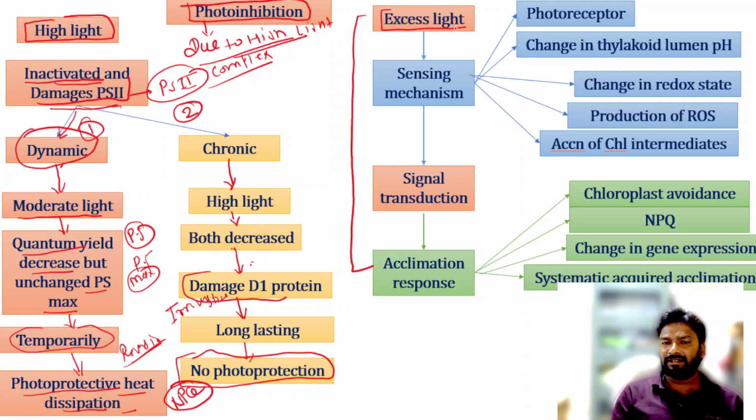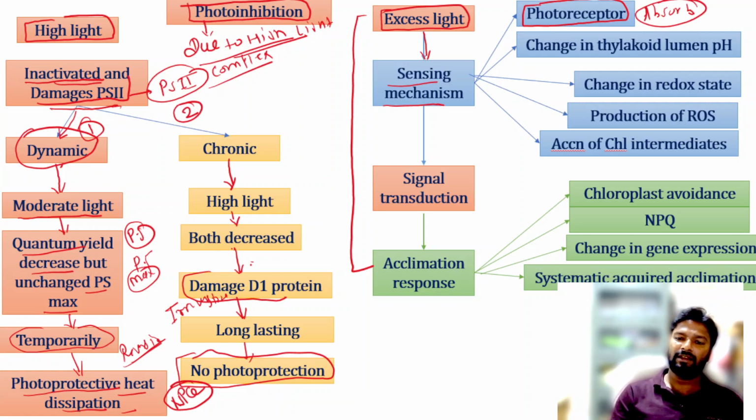When there is excess light, it is first sensed by a sensing mechanism, means some photoreceptors, already discussed, which absorb the light. After absorption, there is a change in the thylakoid lumen pH and a change in the redox status.